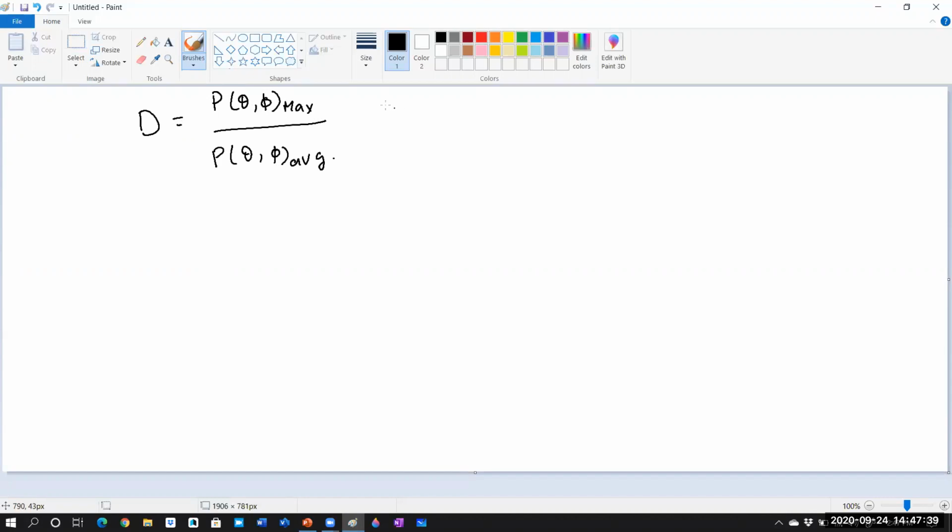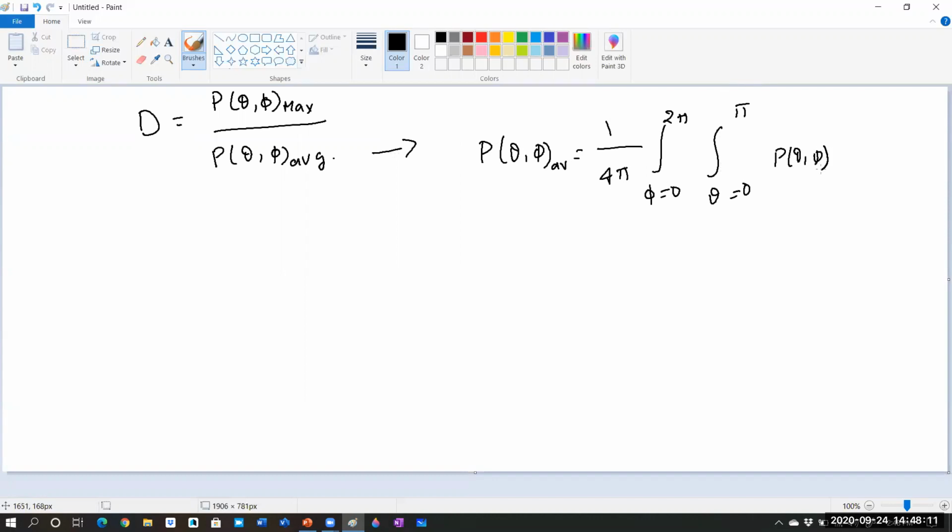The average power density of a sphere is given by, in our last class we have discussed the formula, P of theta comma phi average equal to 1 by 4 pi integral of phi equal to 0 to 2 pi and theta equal to 0 to pi P of theta comma phi sin theta d theta d phi.